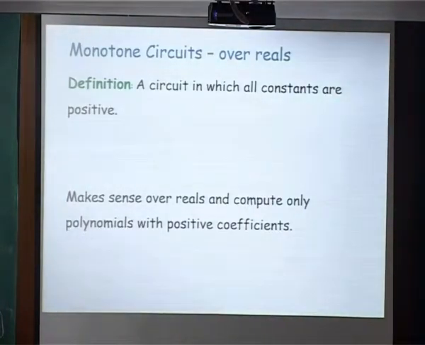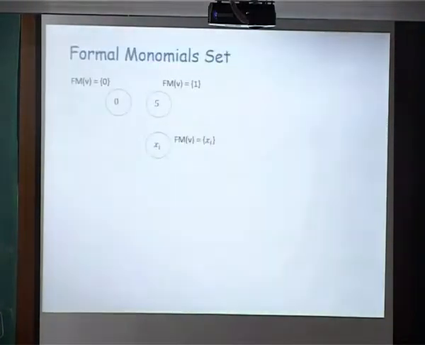Right? So I want to give a slightly different presentation, which will make sense over all fields and for all polynomials. Let me motivate that. Let's do the following. For every node in my circuit, I will associate a set of monomials to it in a very natural way.